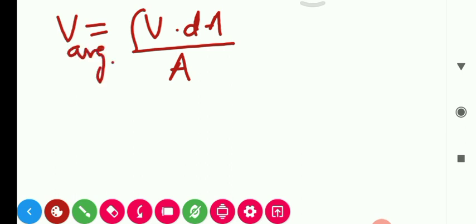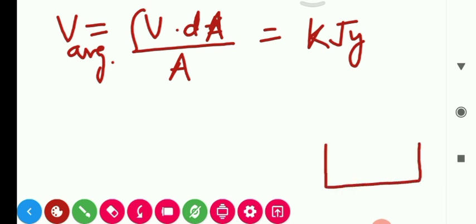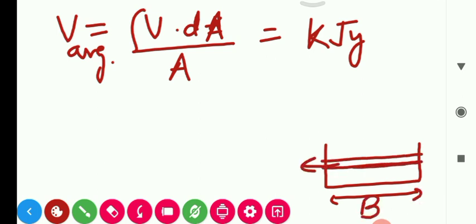What is the value of v? V is a function of depth, so v is k into under root y, which was given in the question. And what is the small area? This is a rectangular channel section with width b, so for any element dy, the area will be b into dy.